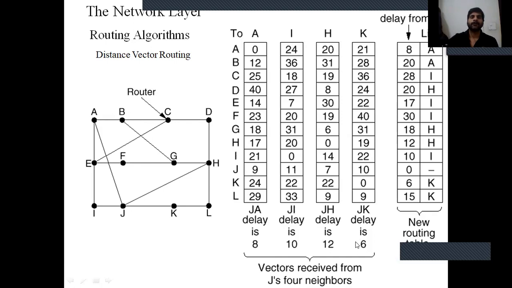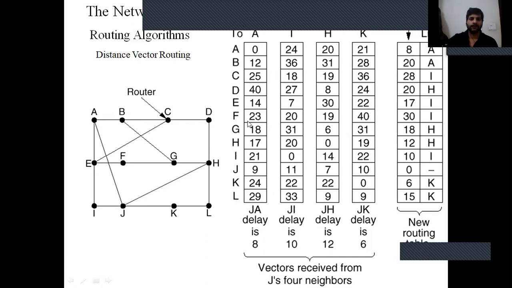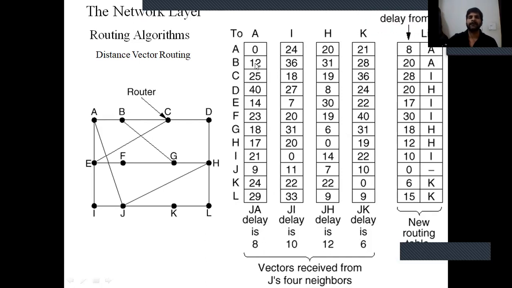So the minimum value from J to A is 8, and the line to follow is via A, using the distance table of A. Similarly, for destination B: 12 plus 8 is 20, 36 plus 10, 31 plus 12, 28 plus 6. So the minimum value is 20, from the table of A, and the line is A.